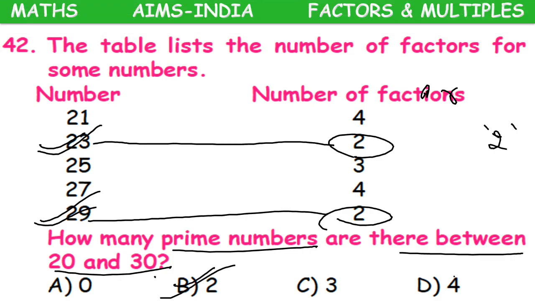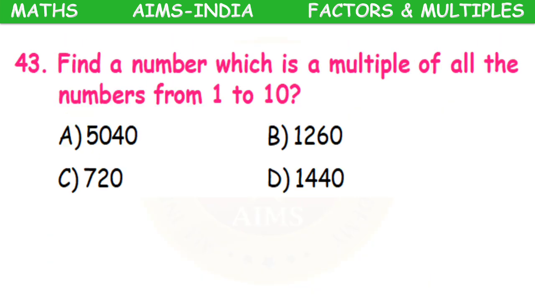Even in the question, I think 4 or 5 questions below, it was question number 30 something, yes, even in that we have discussed that between 20 and 30 we have only 2 prime numbers, that are 23 and 29.